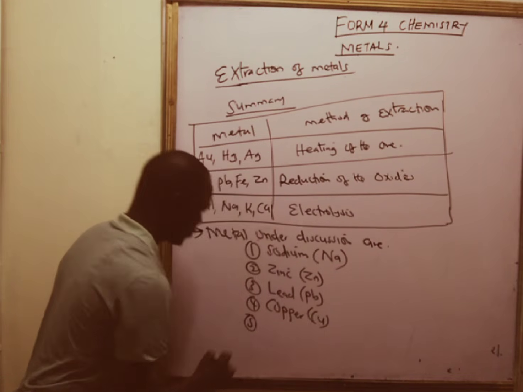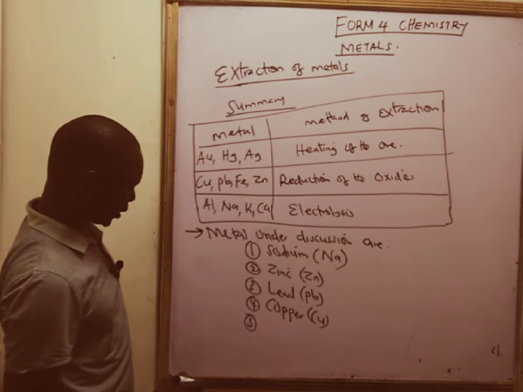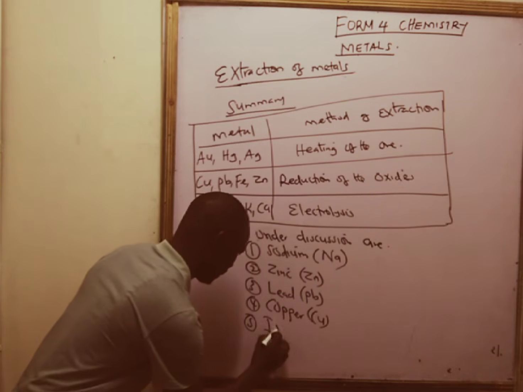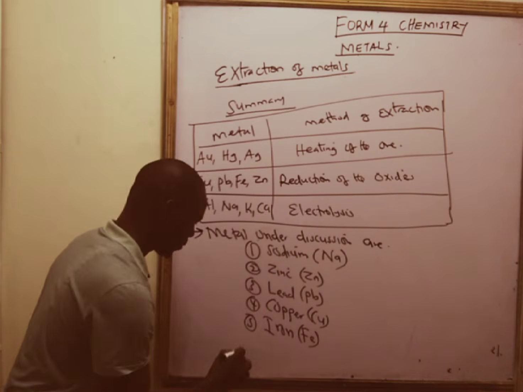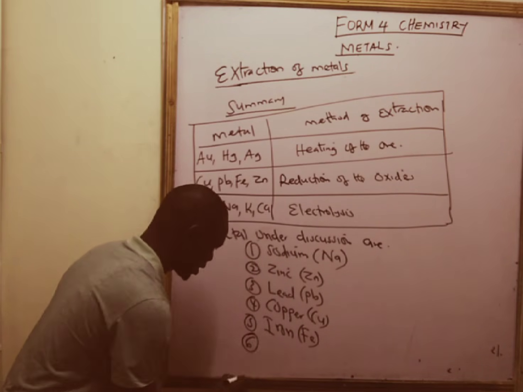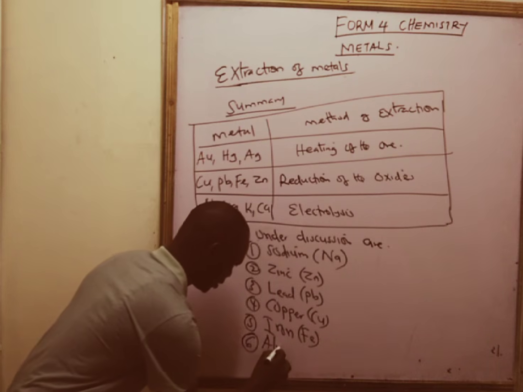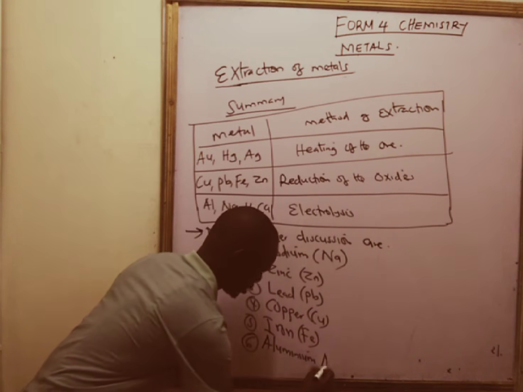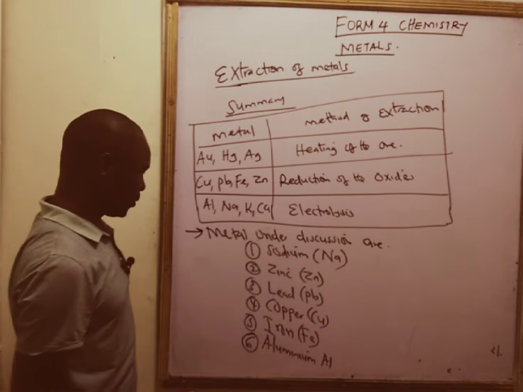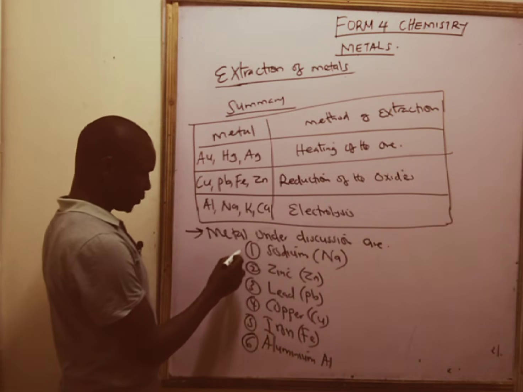Number five, iron, whose chemical symbol is Fe. Then lastly, number six, aluminium, that is Al.